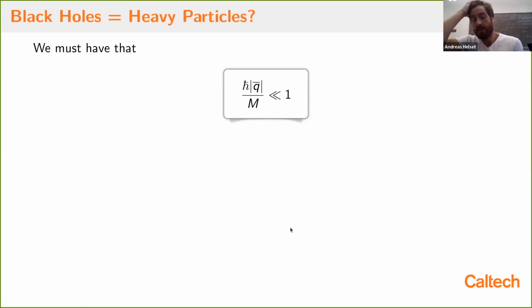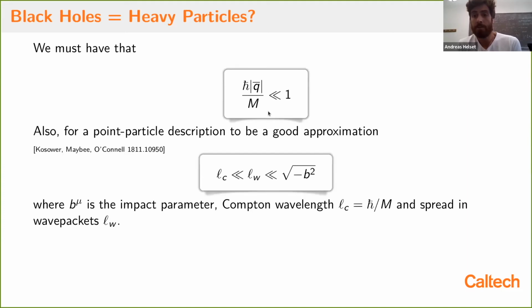Since we're expanding, this has to be a small parameter. But also, as a colleague may have explained in the colloquium, in order to describe these two black holes in terms of point particles, this hierarchy of scales needs to be satisfied.